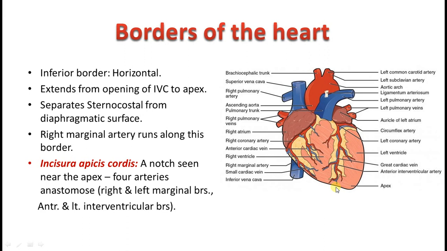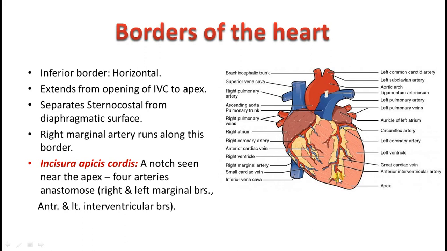Incisura means a notch, near the apex of the heart. It is a slight notch where the anterior interventricular groove cuts the inferior border and transmits the anterior interventricular artery.